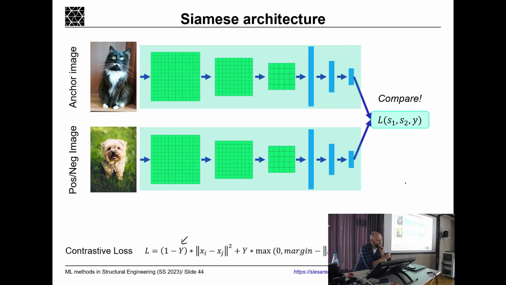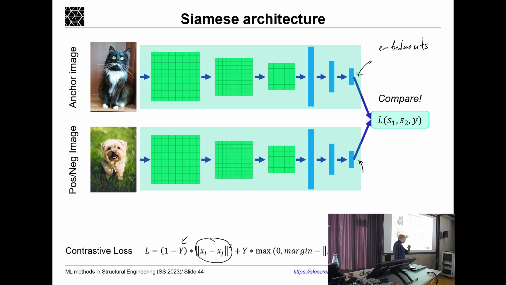Our contrastive loss in this case will be combined from two different parts. What you see here is actually the distance between this vector and this vector. It can be either Euclidean distance between vectors, or some more sophisticated cosine difference for specific cases. In general, you just assess the difference between these things, which are called embeddings.